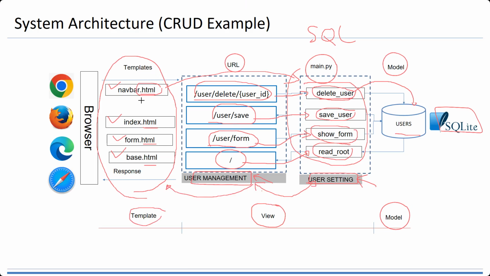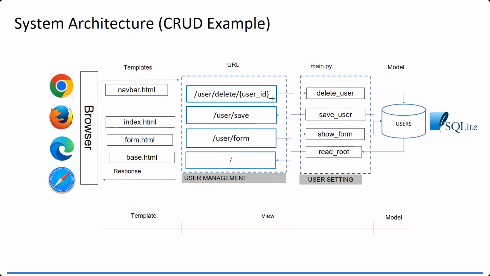And every HTML file will go to the browser, so the client can access the data. Okay. So we are going to create this one. Okay. Now my question is, can we make this system architecture before we do the programming?